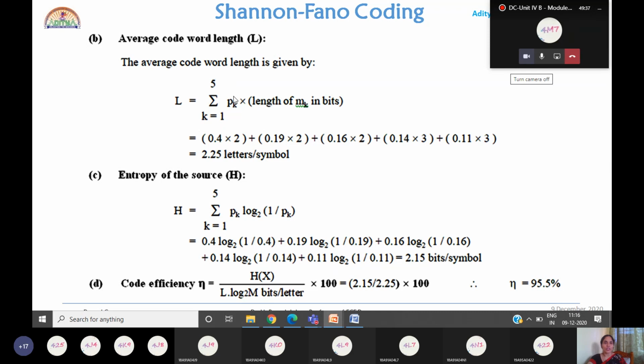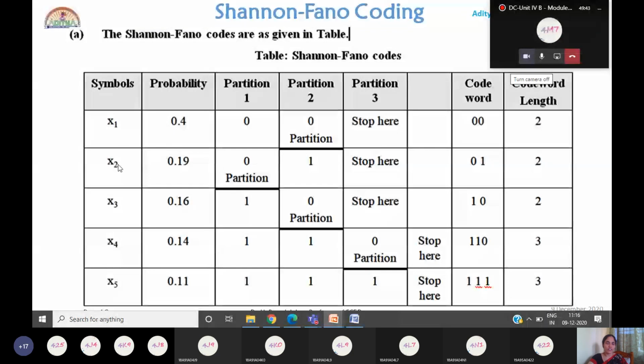So what is the probability of the first symbol? You can obtain the average code word length by taking the sum of the product of probability and code word length of all symbols. So it comes as, for x1, 0.4 multiplied by 2, plus for x2, 0.19 multiplied by 2.